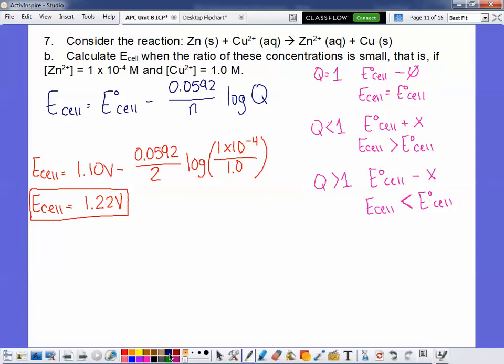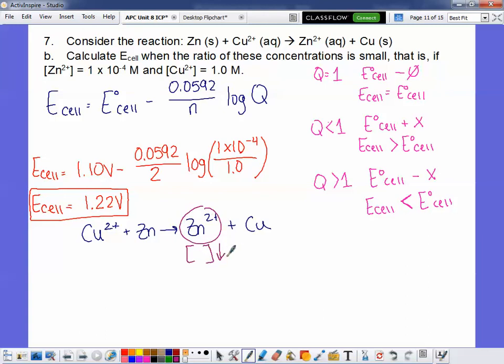But now to explain why. So remember, our reaction was this. I'm just going to rewrite it. Cu2 plus zinc going to zinc 2 plus Cu. Okay? We didn't change the concentration of the copper 2 plus ion, but we did decrease the concentration of zinc 2 plus.